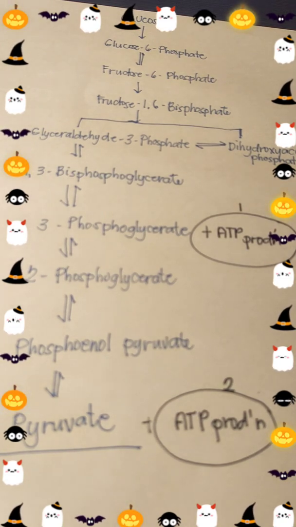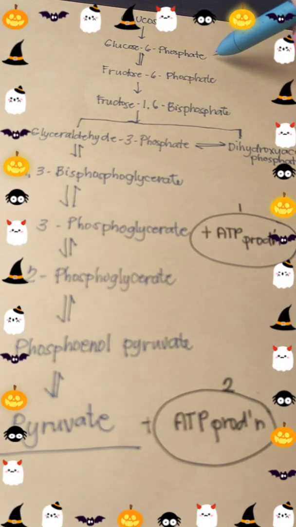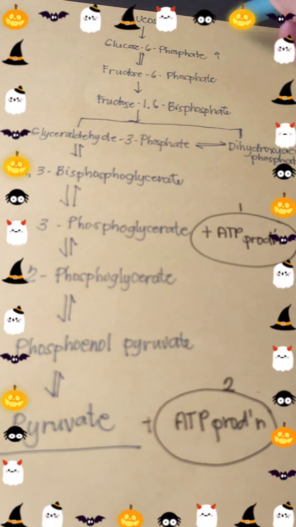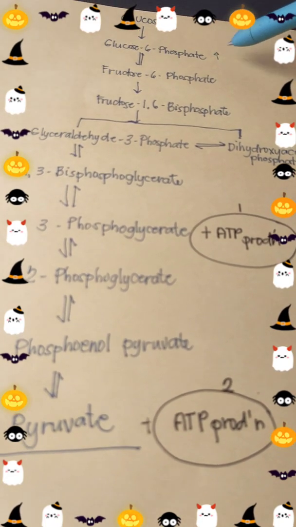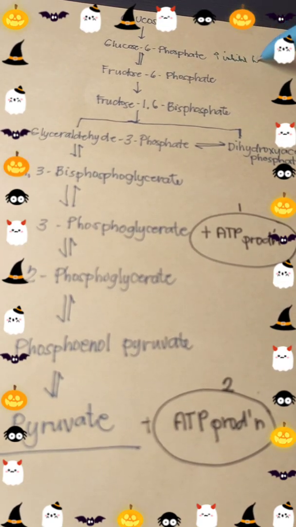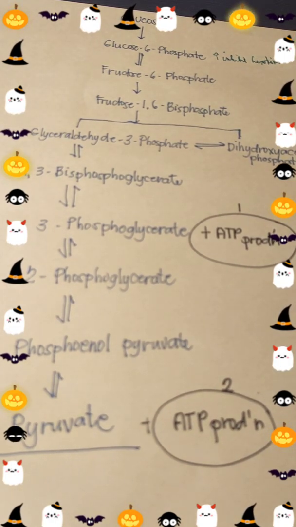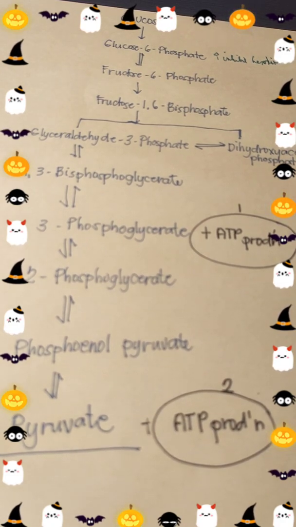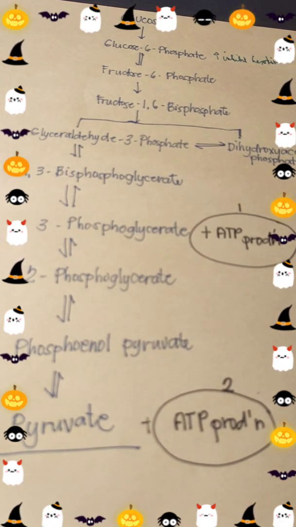If there is an accumulation or an increase of it, this will inhibit your hexokinase.